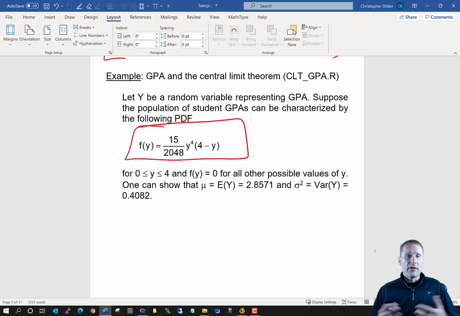Of course, you can't have a GPA that's not between 0 and 4 in college, so f of y is equal to 0 otherwise. For this particular PDF, one can show, and make sure you can do this, that the expected value of y is 2.86, and the variance of y is 0.4082.